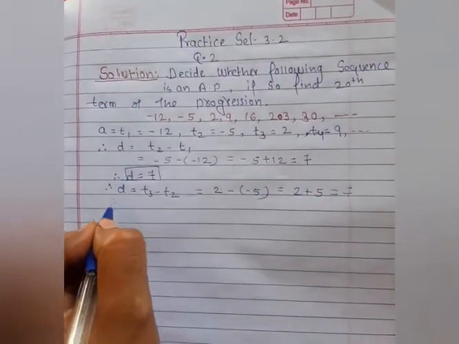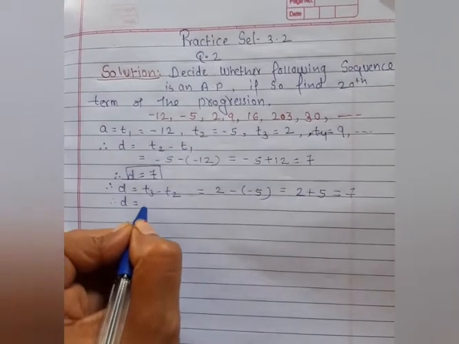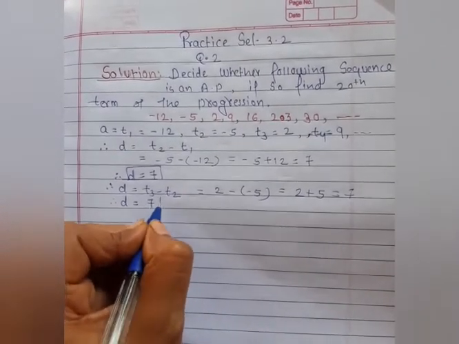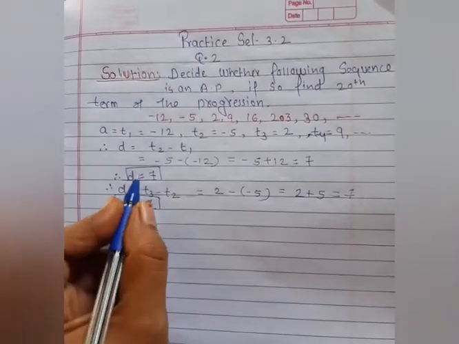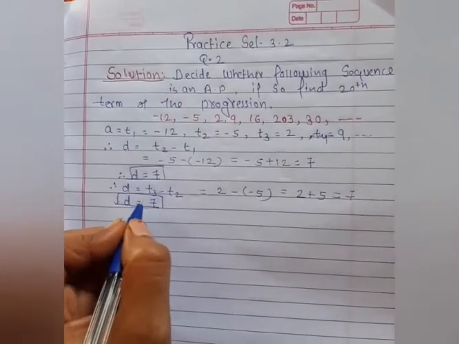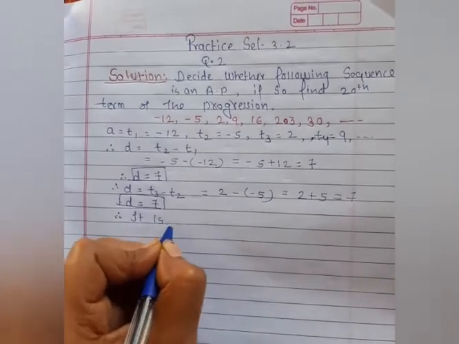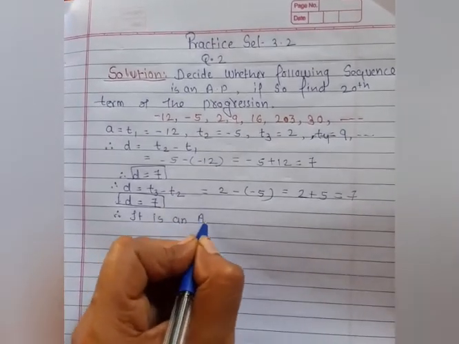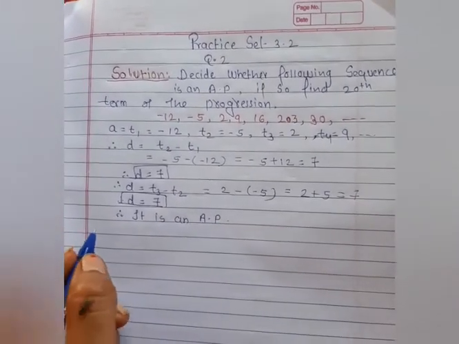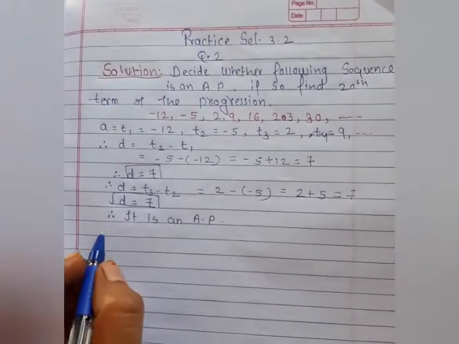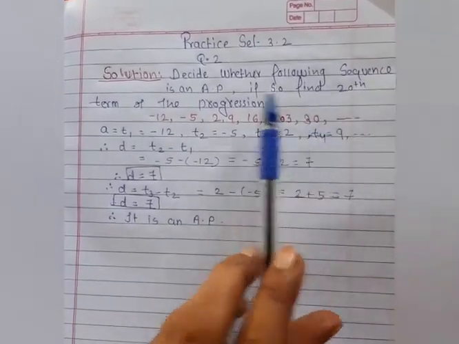Hope you are clear about it. When we take the differences of the terms, we are getting the common difference 7. Therefore the sequence is an arithmetic progression. So let's move on to find out the 20th term.